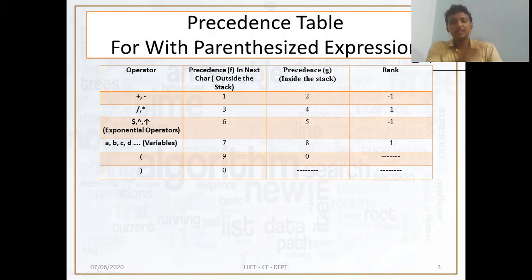Same as the previous precedence table, plus minus contains the lowest precedence, above it division and star, above it dollar, arrow, caret, then ABCD. The bracket contains the higher precedence, but it depends on its position. Sometimes it depends on where you stand.